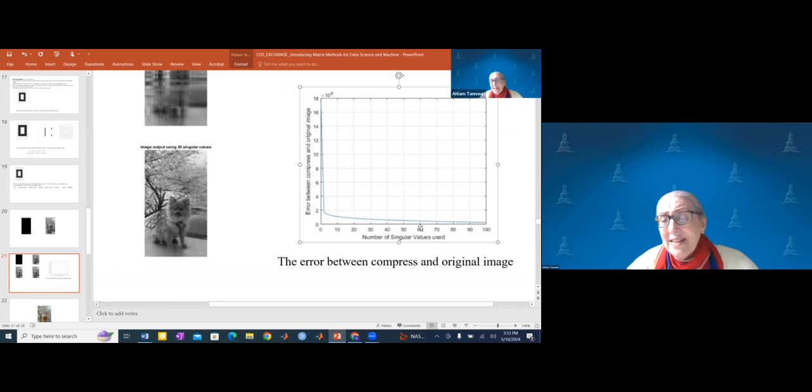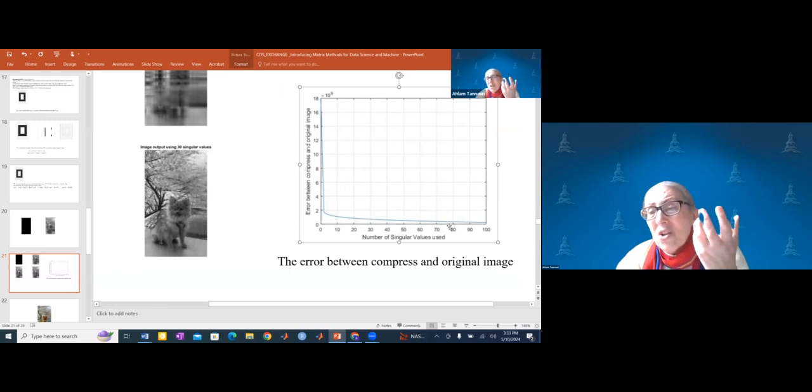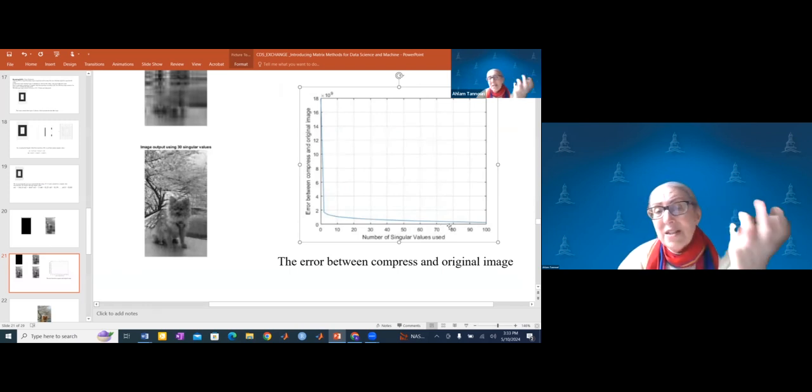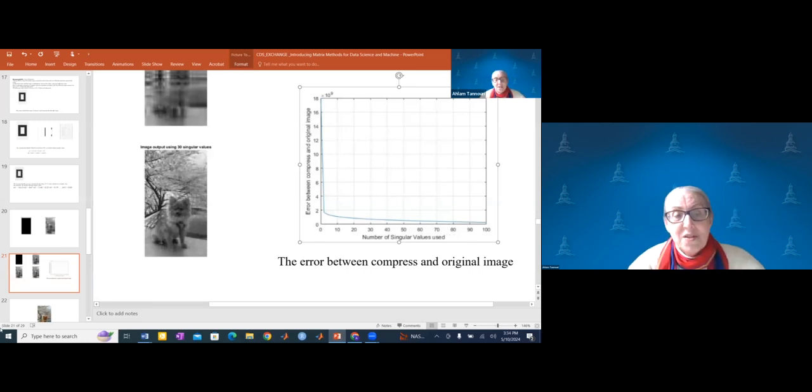If we have 0, you see the error goes to infinity. If we use 10, we're okay. We use 20, it is better. We use 30, it is better. There is no need to go to 70 and 80 because we're not gaining much to recognize the image. So there is no need to junk our system with all this data.